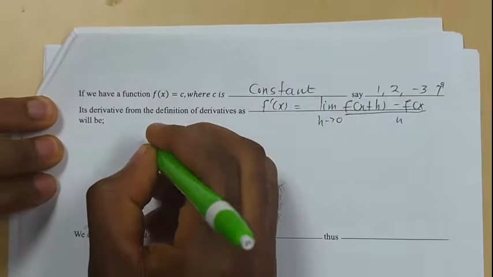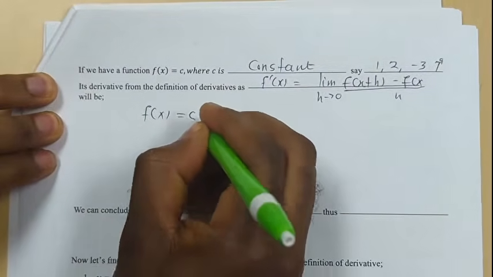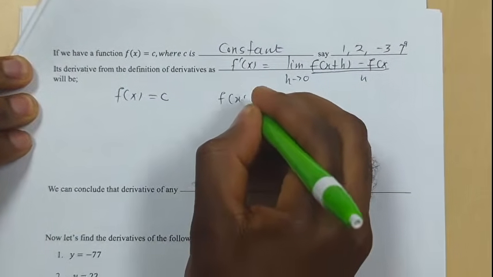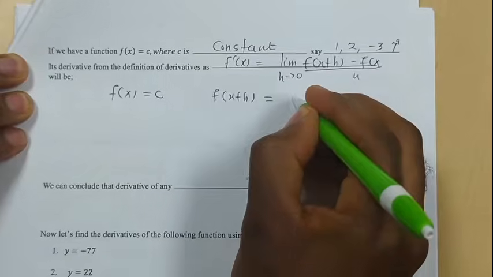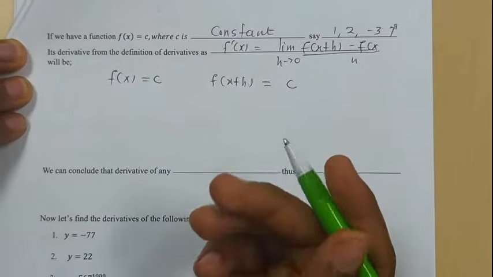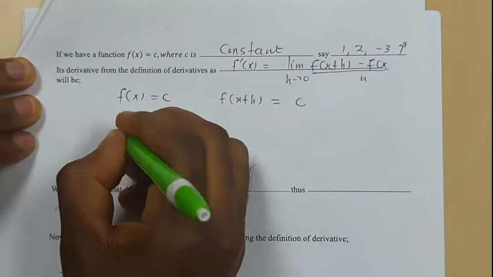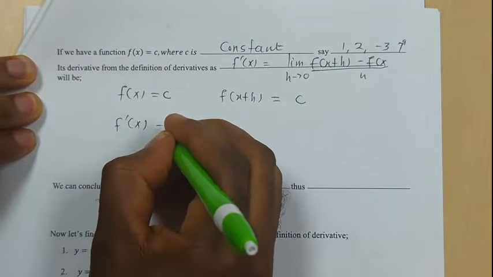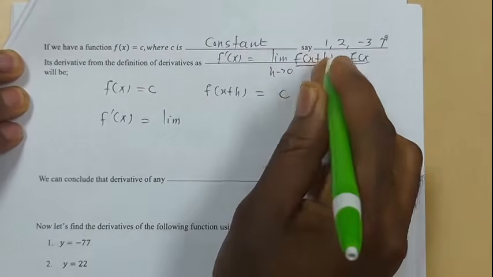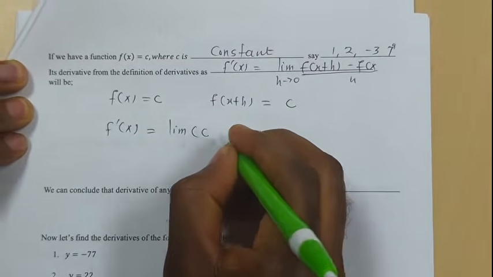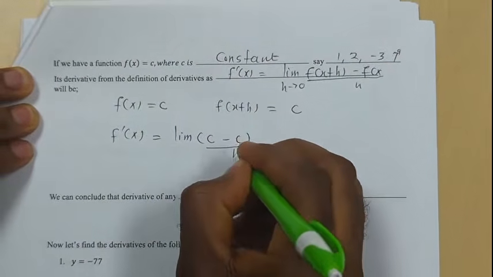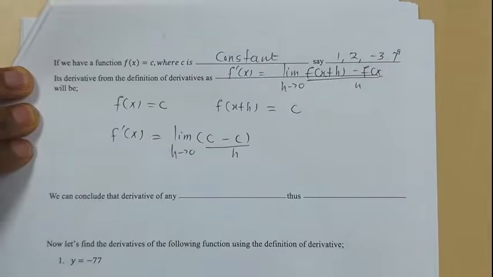So remember, the function f of x is just a constant, say c. So we can say that f of x plus h will just be c, because we don't have any variable attached to the c, right? So f prime of x from the definition of derivative will be equal to the limit of, so x plus h is just c minus f of x, which is also c, all over h as h approaches 0.